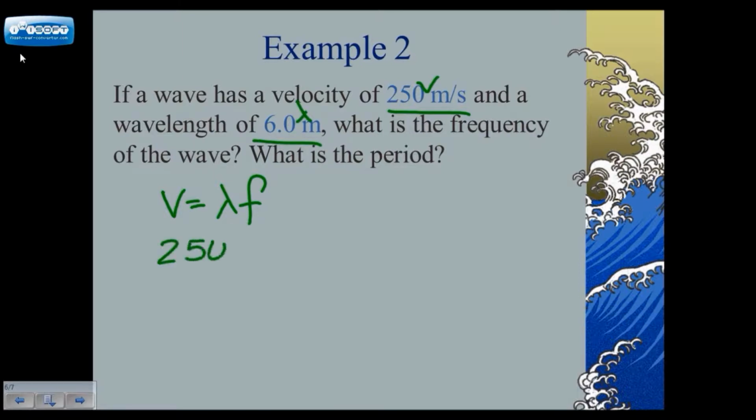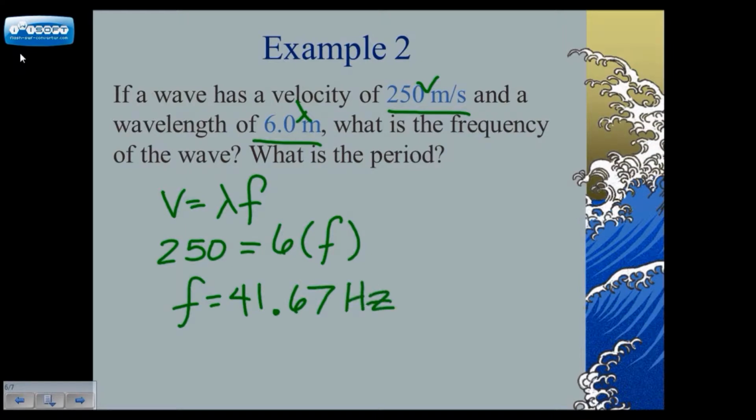So 250 equals 6 times frequency. And so we simply divide and get 41.7. Frequency is measured in hertz, so that is going to be our unit. Again, the velocity is in meters per second, and so our frequency is going to be in per second, which is a hertz.